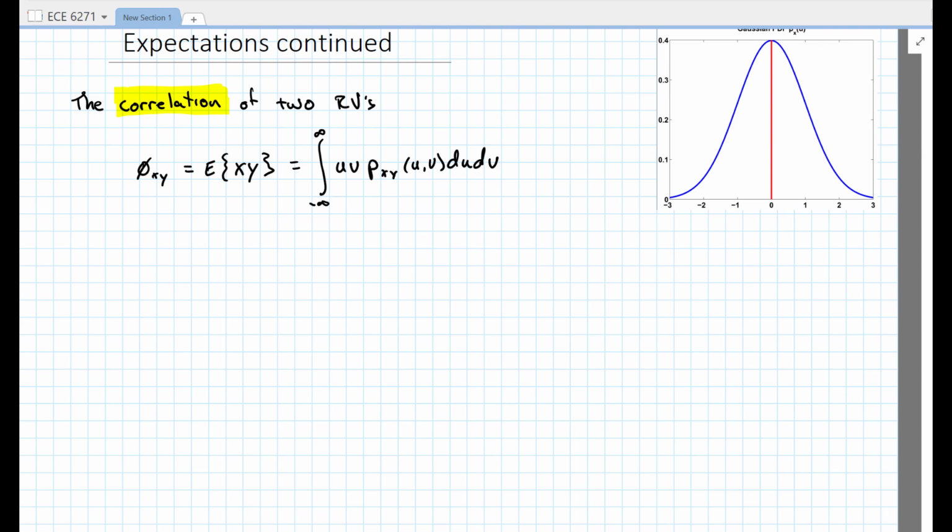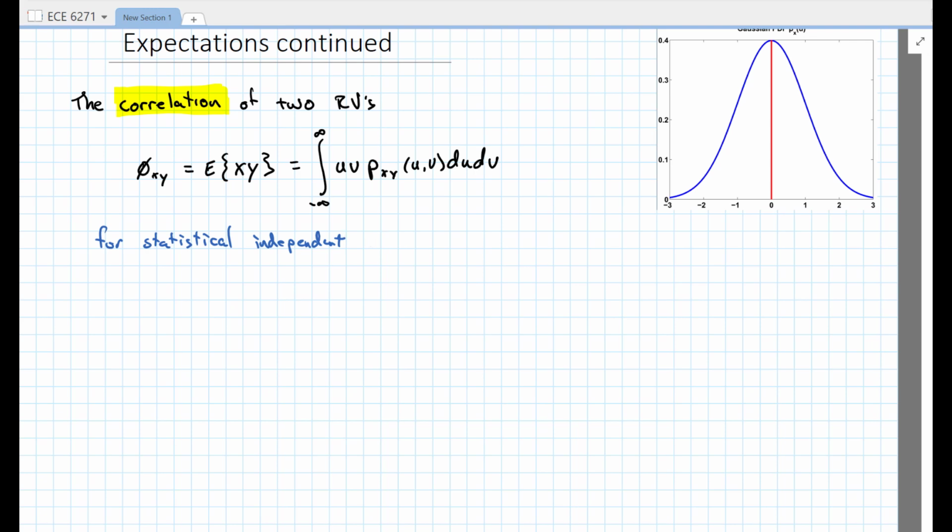However, in some very important specific cases it is. So for statistical independence, we've already talked about that. If we have an independent set of random variables, then the PDF's factor. So let's start with that one.